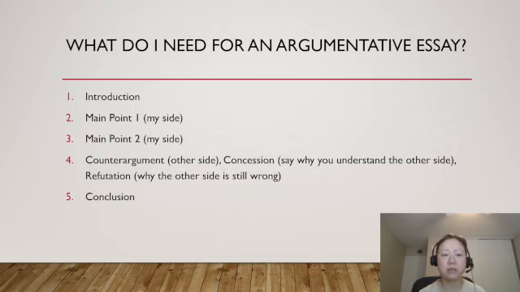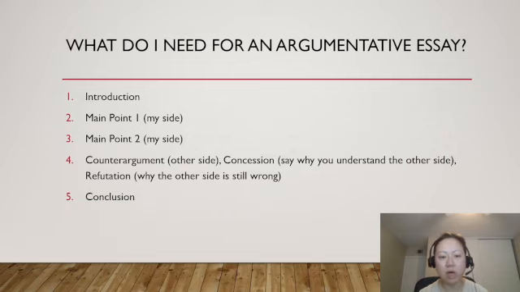Typically professors in university or college may require you to write a 5-paragraph essay. And this is kind of how I show my students what to do. So for the 5 paragraphs, you have 5 corresponding points. First, you have the introduction. Then you have 2 main points highlighting your side. And then paragraph 4 is probably the most confusing one for people.